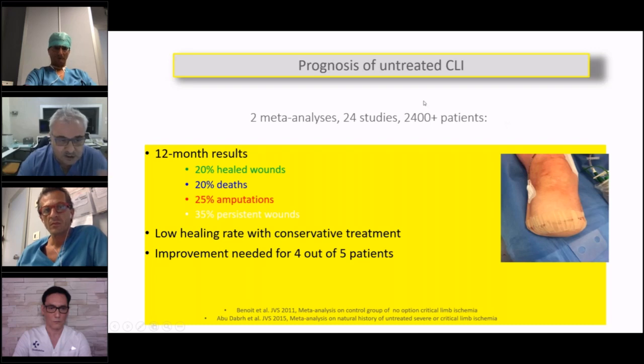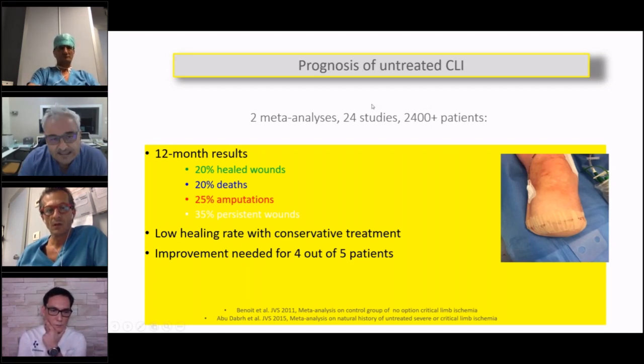We have a very high percentage of death, a very high percentage of major amputation, and a very high percentage of non-healing wounds with all the possibility of infection we have.